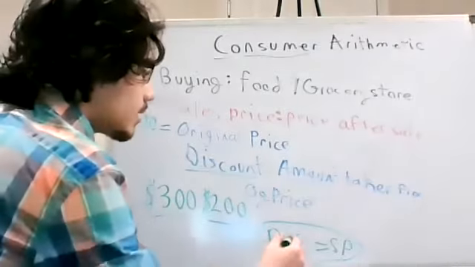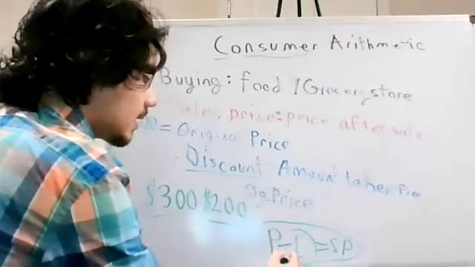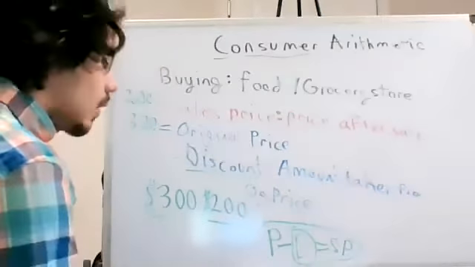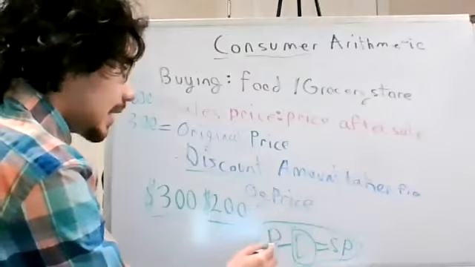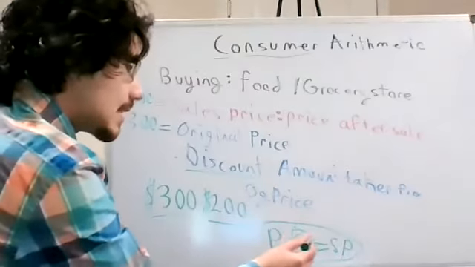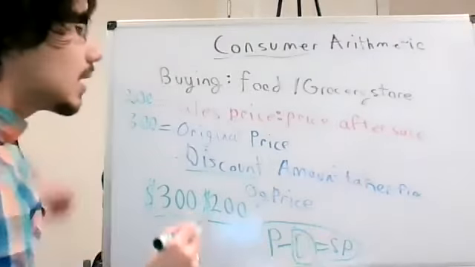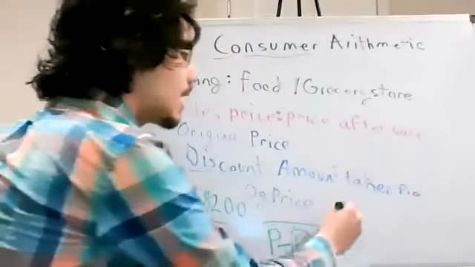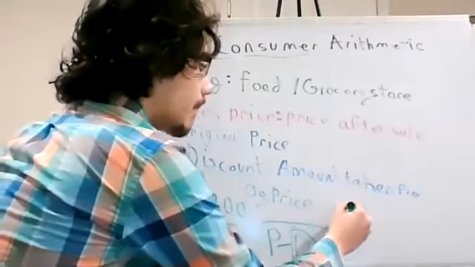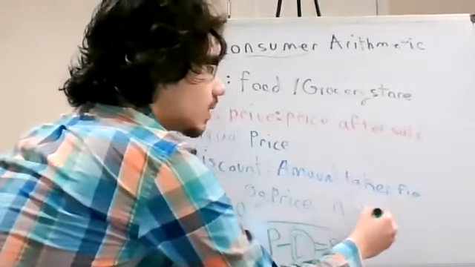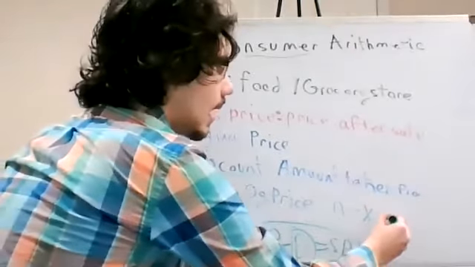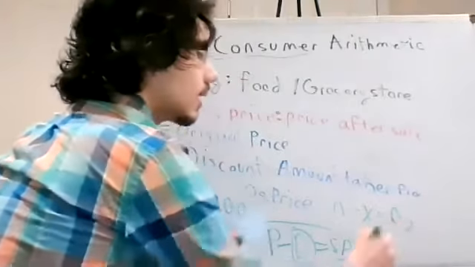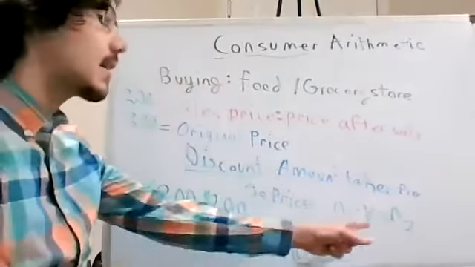So we are trying to find discount. We have this equation, P price minus discount equals sales price. Let's take it a step further. Let's say a number minus X equals another number. How would you find X?